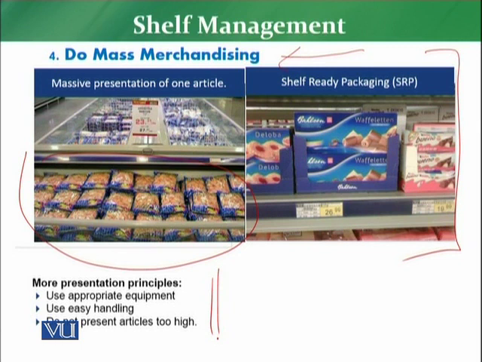Even if he likes the massive display, the presentation is so high that it creates a problem for the customer to buy this product or category. The presentation should show a bulk image, but ultimately it should be accessible to the customer and easily handled, so that you can really turn a customer into a buying customer.